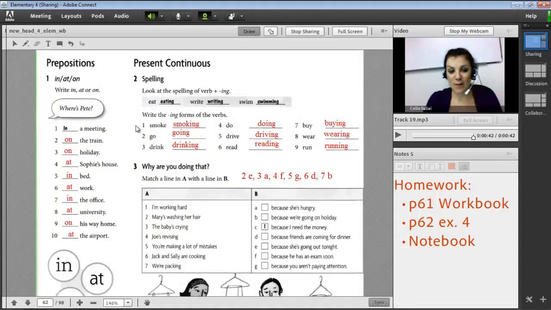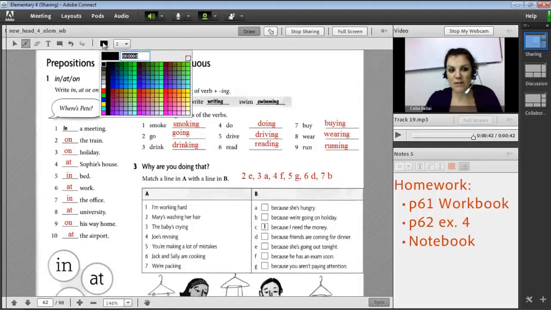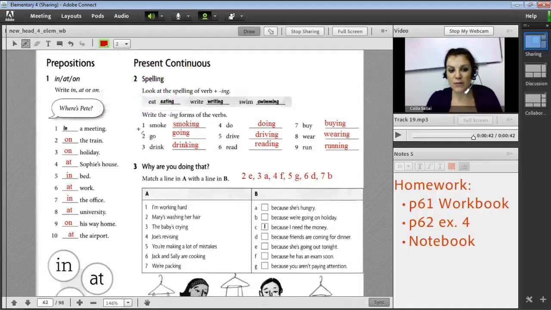For example, here with smoke, what happens? What happens with verbs ending in E? That's right. Whereas in SMOKE, in the infinitive form, when you add ing, you drop the E every single time.